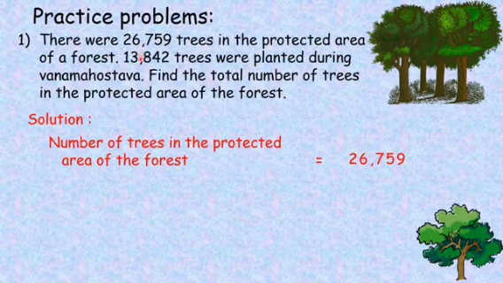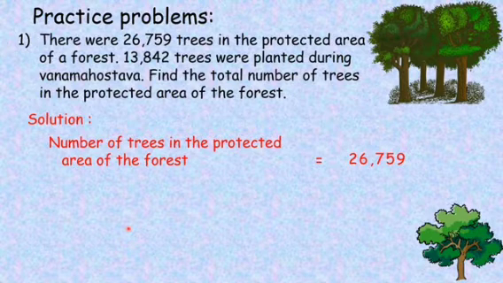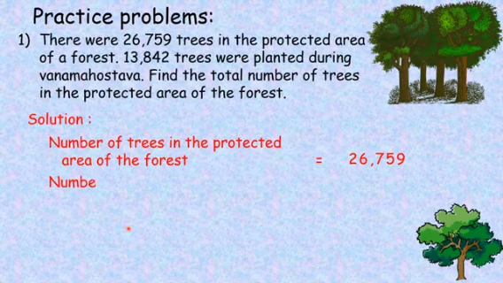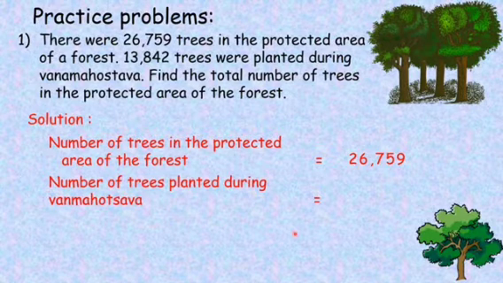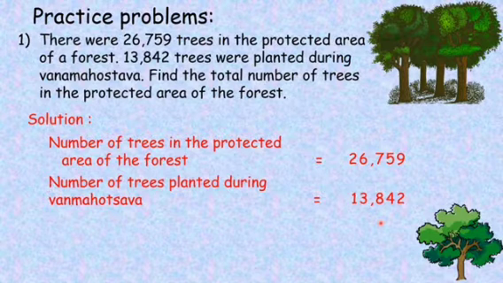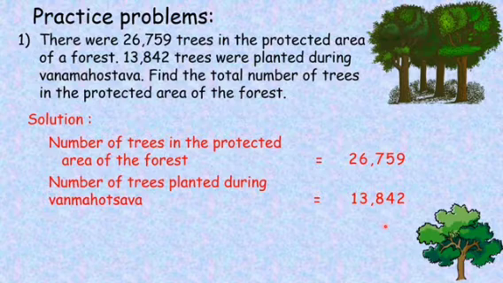Now we have planted a few more trees in the same area. The number of trees planted during Vana Mahotsava is equal to 13,842. Now therefore, for the total number of trees, what do we do? We are supposed to add 26,759 and 13,842 to get the total number of trees, correct?